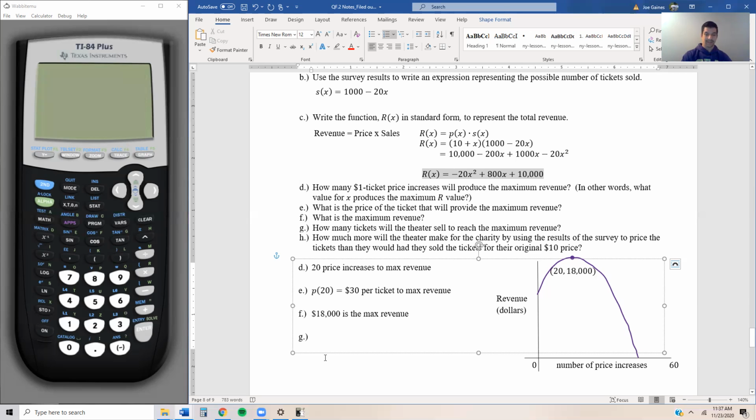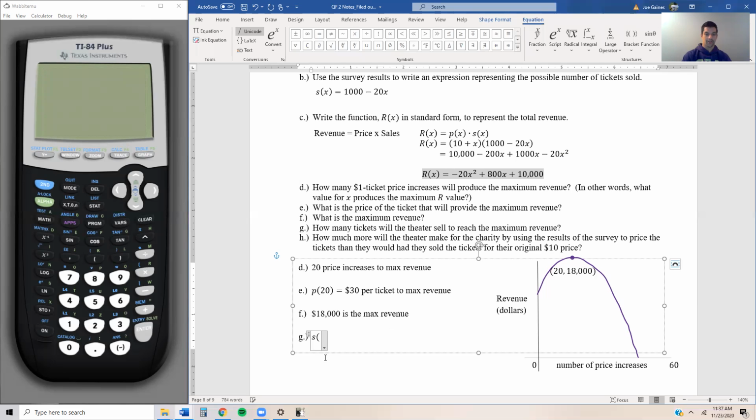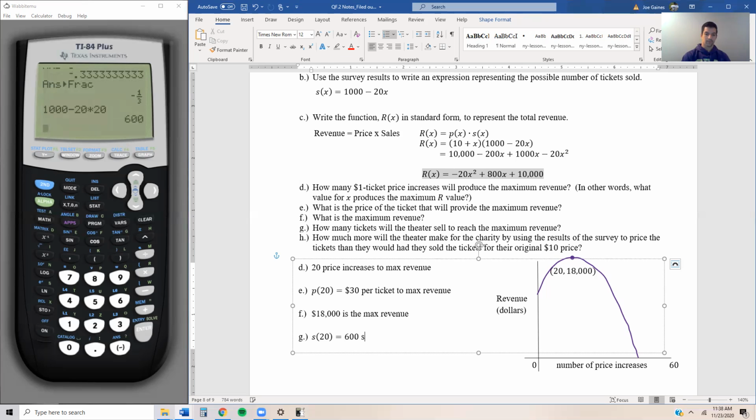So in this case, I need to find S of 20. We can do this algebraically if you want. The calculator is an okay source to use as well here. So I would do 1,000, if you need to use the calculator, minus 20 times 20 to get a total of 600 sales to maximize revenue.